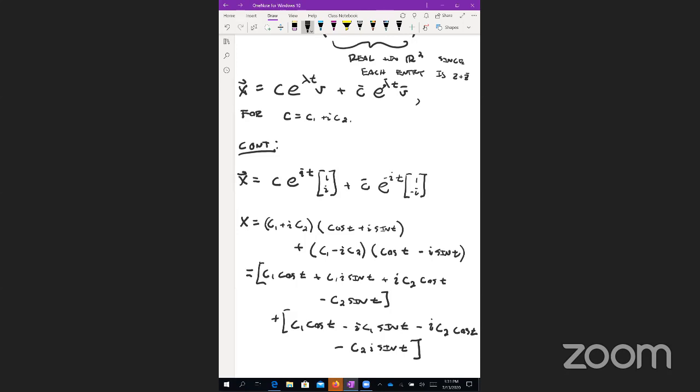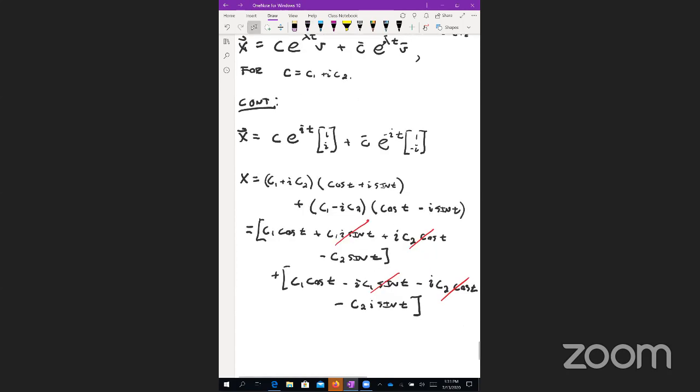Okay, so what cancels? So here this cancels with this, and this cancels with this. And what do we end up with? We end up with 2 times c1 cosine t minus 2 c2 sine t. There shouldn't be an I here.